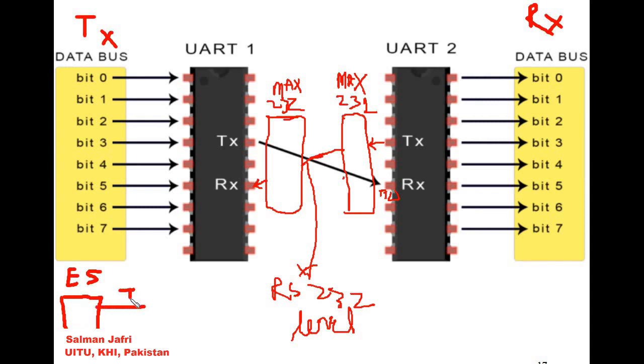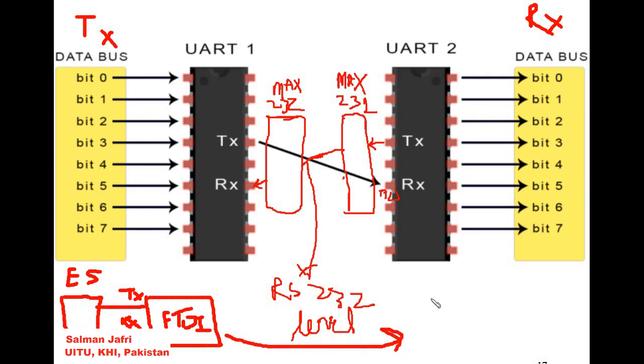And the TX and RX lines are connected to the FTDI chip, and the data would be transmitted, and again it would be handled by the FTDI chip, and this is basically USB, right?